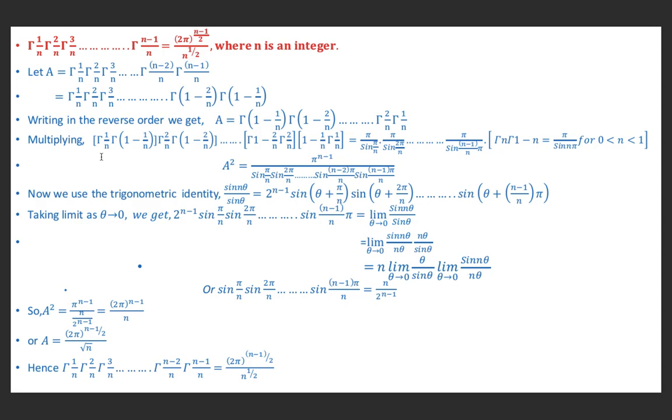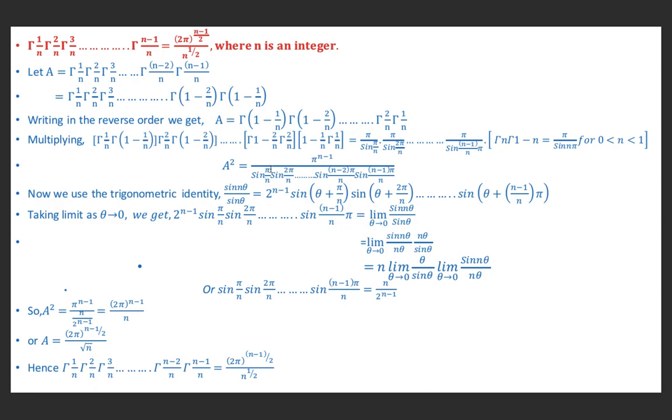So Γ(1/n) Γ(1 − 1/n) first term, then Γ(2/n) Γ(1 − 2/n). This I have written for the sake of simplification. Then Γ(1 − 2/n) Γ(2/n), and this term Γ(1 − 1/n) Γ(1/n).